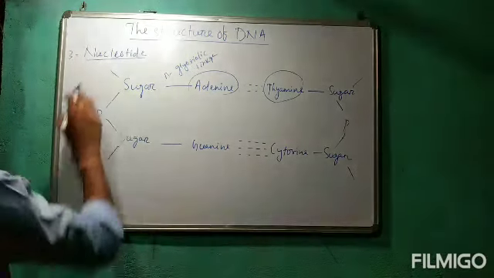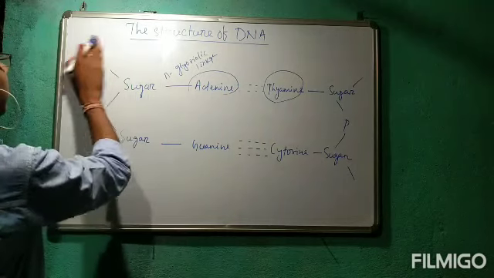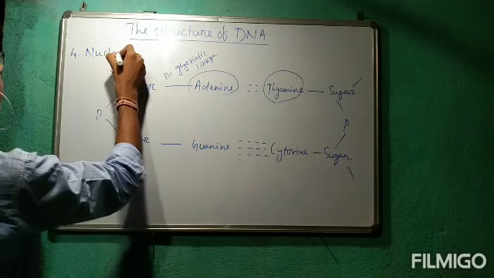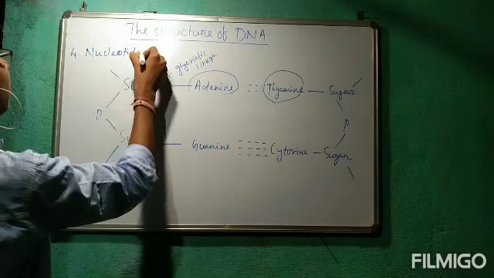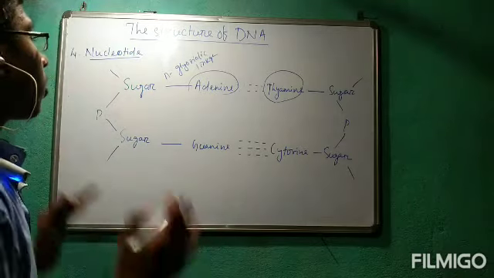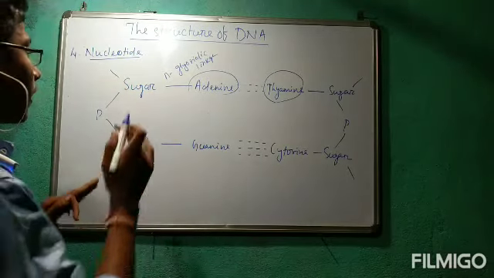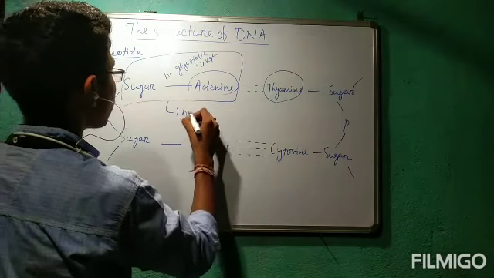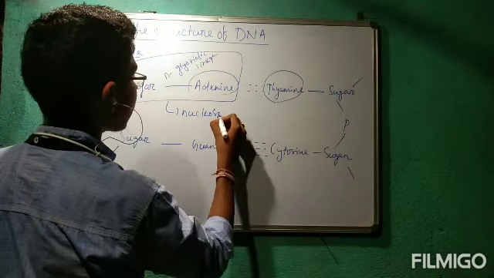The fourth part of the DNA is nucleotide. Many students are confused between nucleoside and nucleotide. Don't confuse nucleoside and nucleotide. This part is called nucleoside.